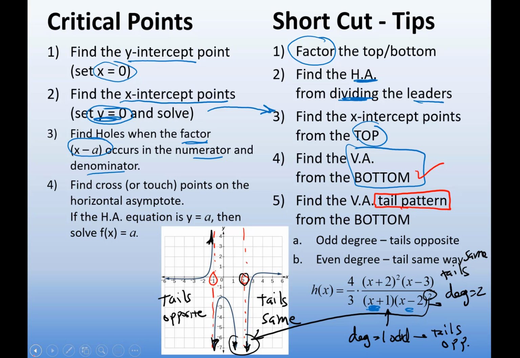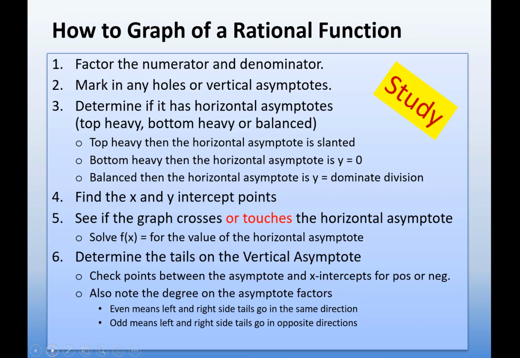And find how is number 1 on this page connected to this graph we're doing. How is number 5 on this page connected to the graph we're doing? And the same with this. Go through these steps and look at the graph and ask yourself, each of these, how do they correlate? And the more you make those connections, the faster you'll get at graphing. Okay, so the next thing coming up is just a series of examples where we're going to graph rational functions.